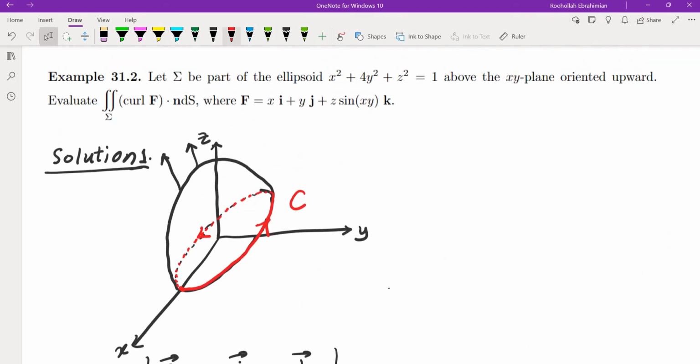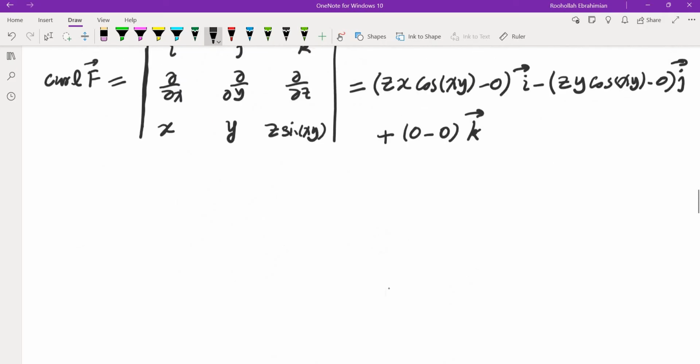Now, if we look at the bottom of this, this is also another surface. I'm going to call this one sigma 1 with the same boundary. So instead of evaluating the surface integral of the curl over sigma, we can also evaluate the surface integral of the curl over sigma 1. So I'm going to orient that upwards as well. And I'll explain what I just said.